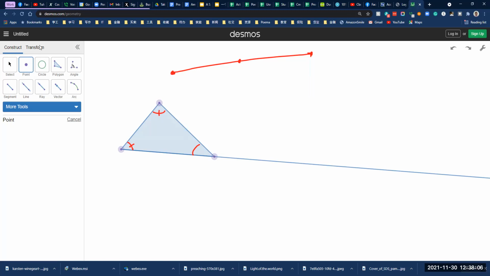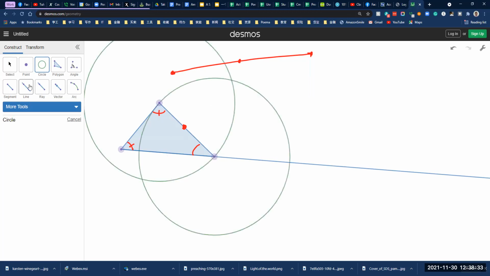Okay, we're going to find a middle point, somewhere here. So we're going to use that: do two circles. Now we can connect them, one point, another point.